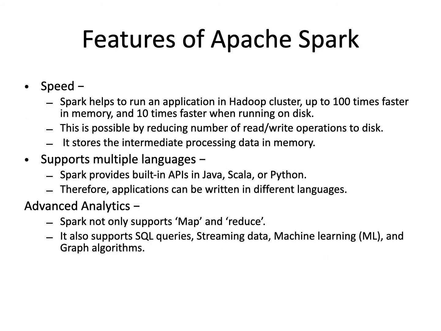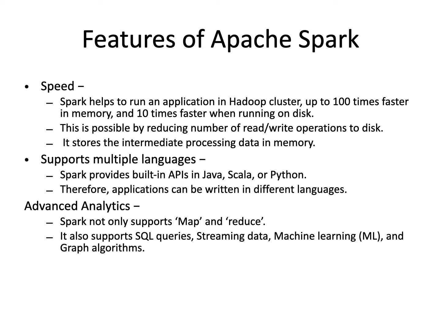Some of the important features of Spark: the most important feature is speed. It helps to run applications in a Hadoop cluster, and the speed is up to 100 times faster in memory, and even if it runs on disk, it is also 10 times faster than Hadoop.